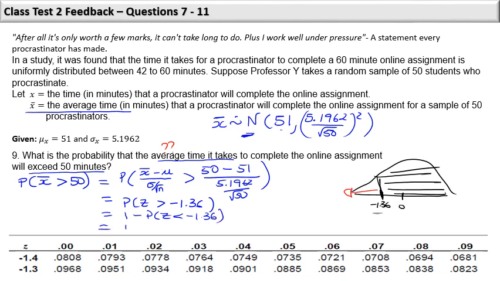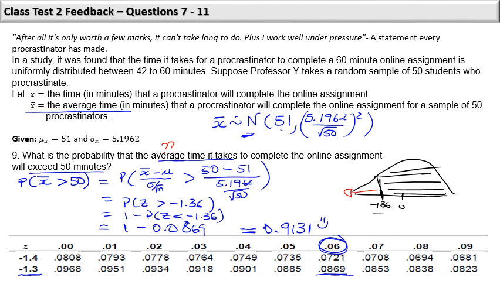So that is 1 minus, we go to negative 1.36, and that value is 0.0869. So that probability, my good people, is 0.9131. We've gotten it very easily like that.